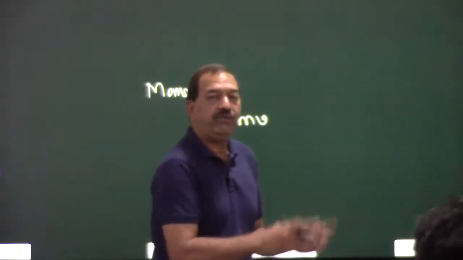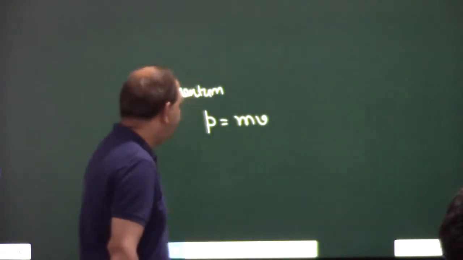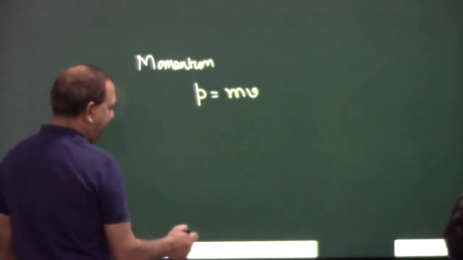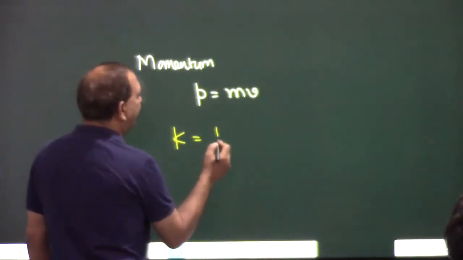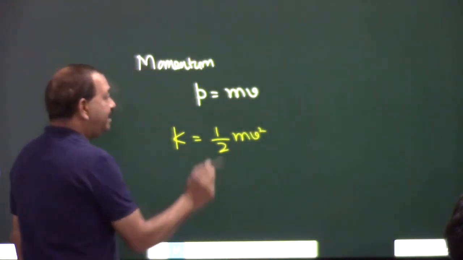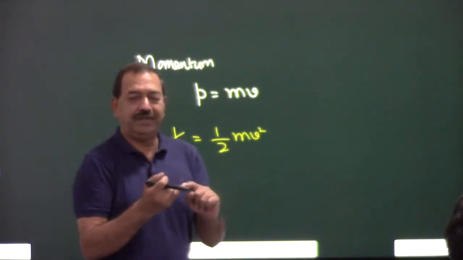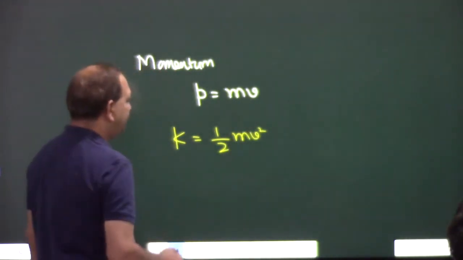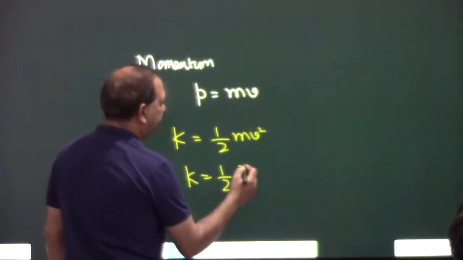So let's try to find out how the kinetic energy and momentum are related to each other. If I write the formula of kinetic energy, that is half mv square. Here is m as well as v, so obviously the kinetic energy is somewhat related to momentum. Let me do one change.